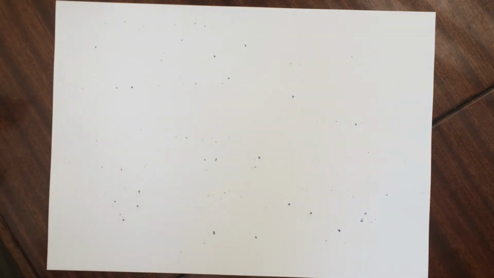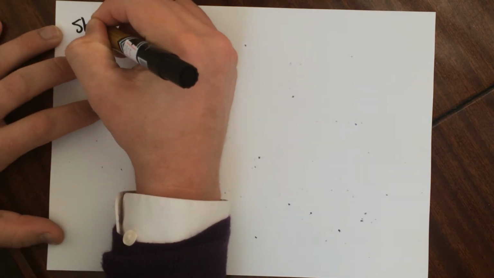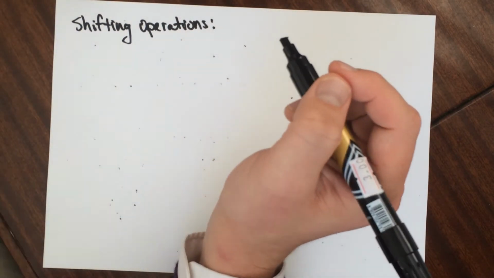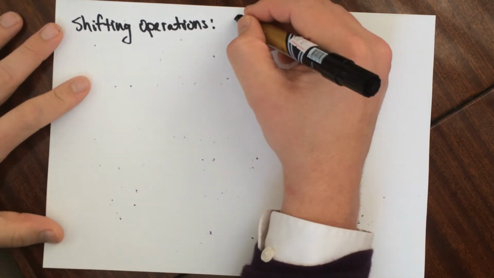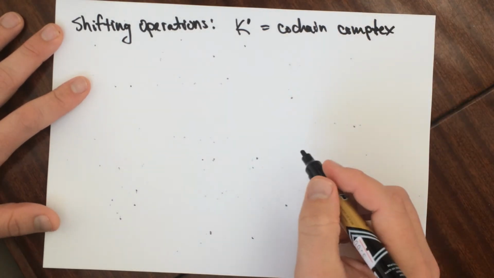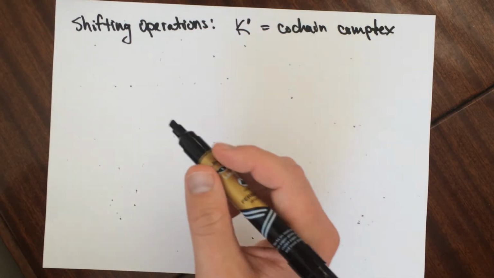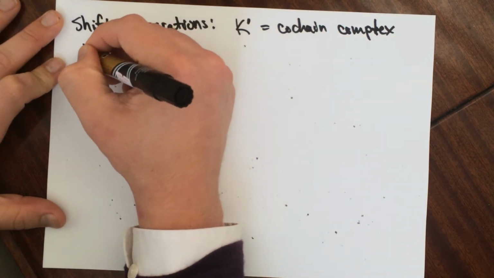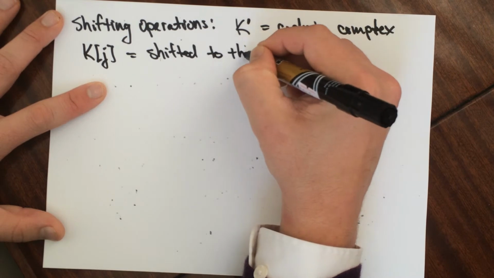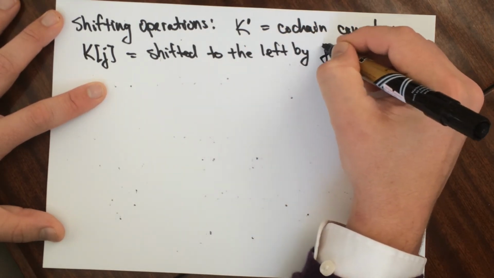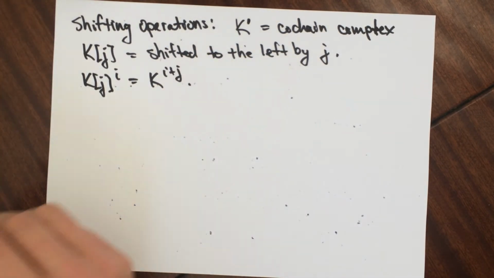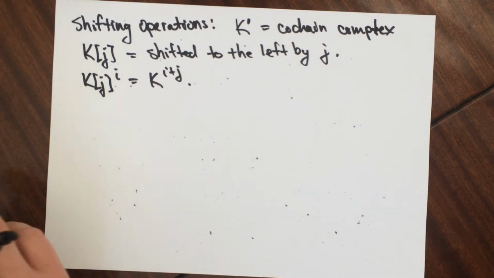All right, so another operation is the shifting operation. We can take a cochain complex and shift it. So K[j] is the one shifted to the left by j, i.e. K[j]^i is equal to K^{i+j}, and the differentials are just as we had before.